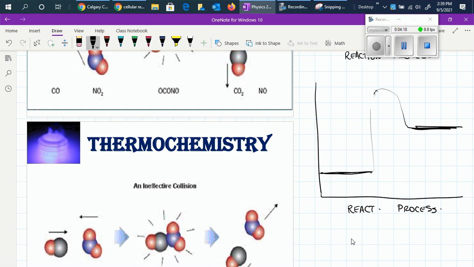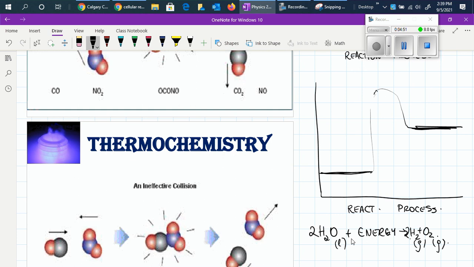An example of this is, let's say, breaking water, and the balanced equation will be 2, 2, with liquid and gas. So the graph will look like this.